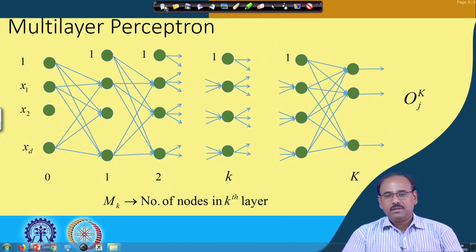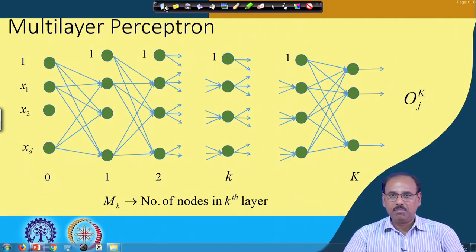Over here the training is unlike the case of a single layered neural network, where training was very simple because I had to update the connection weights from the input layer to the output layer.